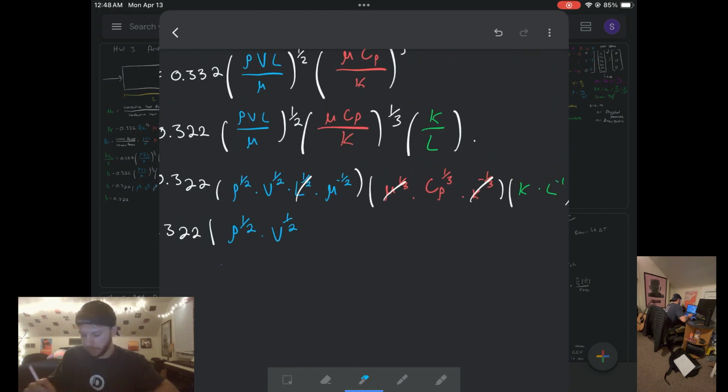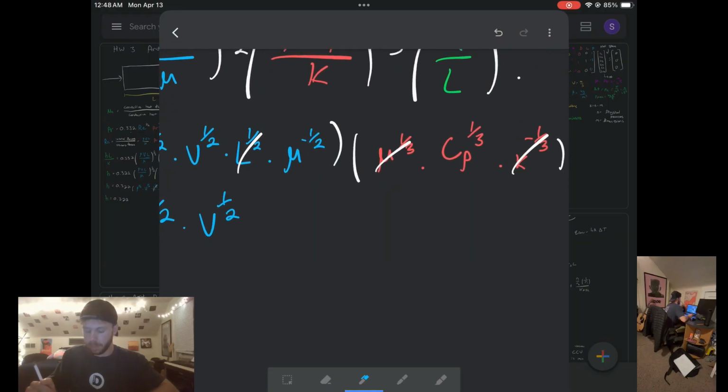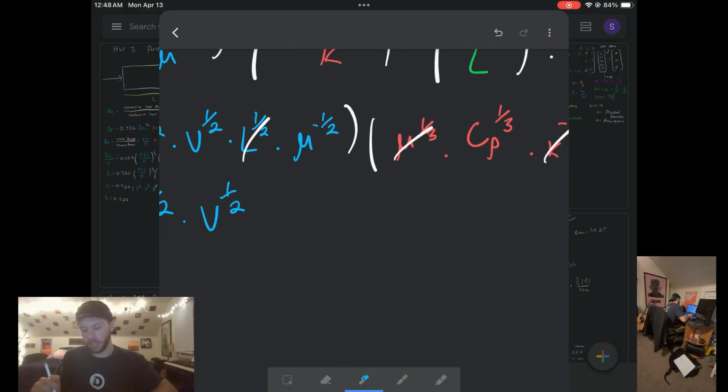Then our length here will no longer appear. Our viscosity will be to the -1/6 because the remainder canceled out with the viscosity from the Reynolds number.